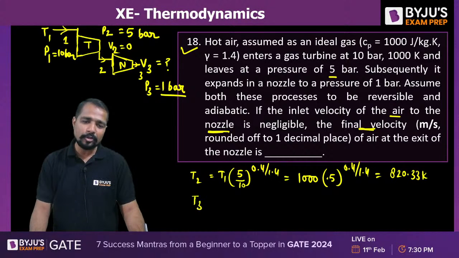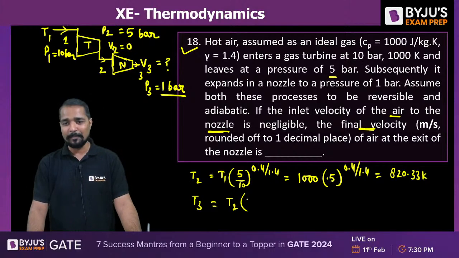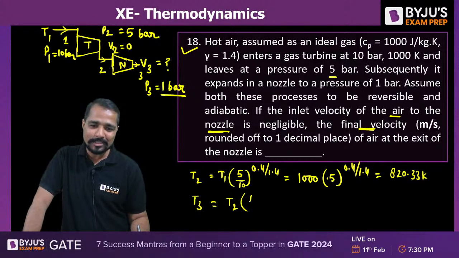After that, what is the value of T3? Because such an easy answer is coming so quickly, I'm just a little bit confused. Is something wrong, or are you not doing it?